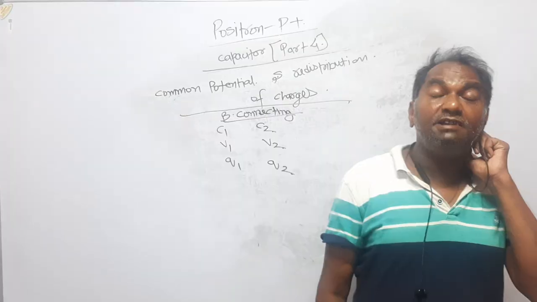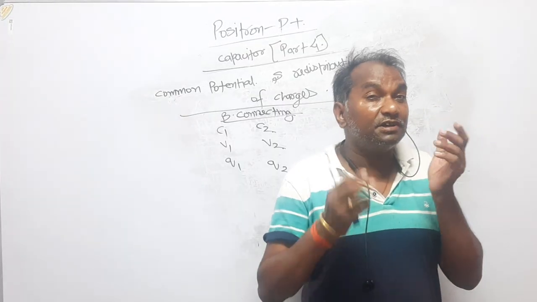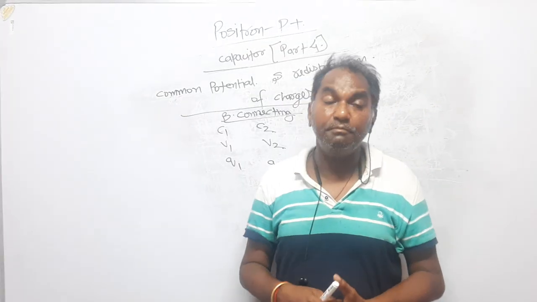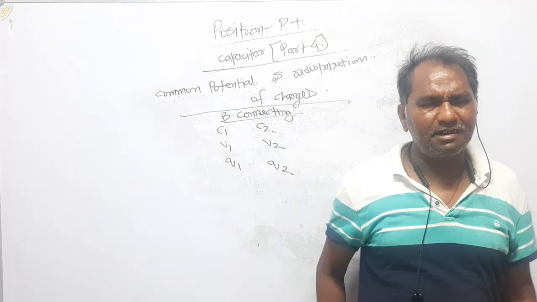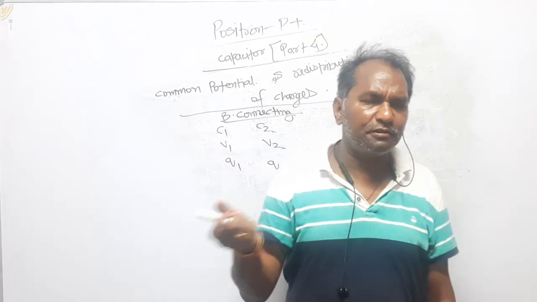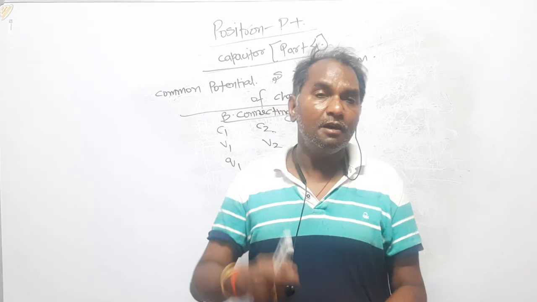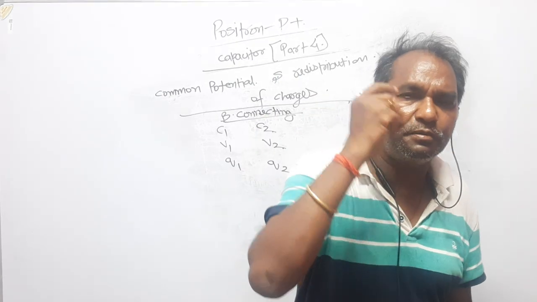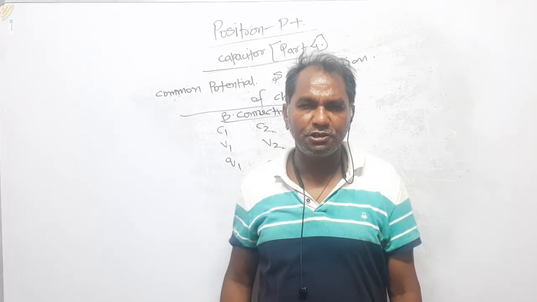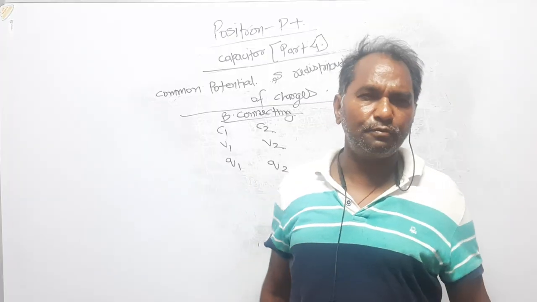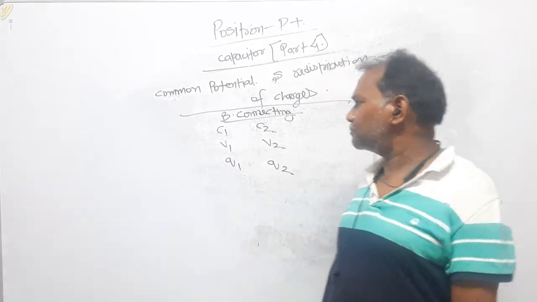The question is why the charge will be redistributed when they are connected to each other. Because as soon as they are connected, a potential difference will be established between them, and because of the potential difference, positive charge flows from higher potential to lower potential, whereas negative charge flows from lower potential to higher potential.